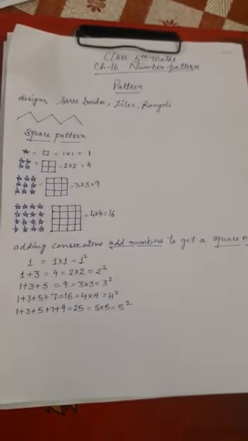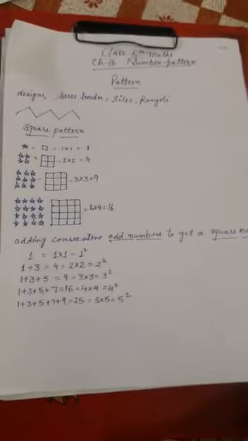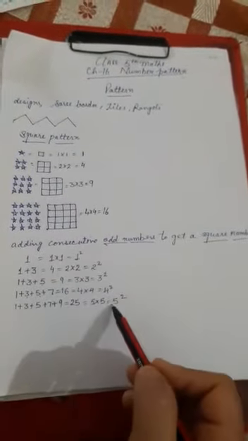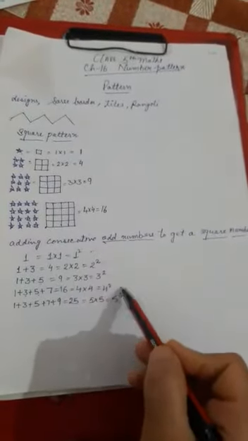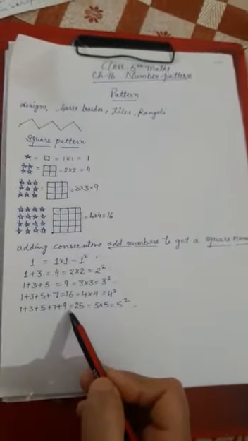Now what do we understand? This shows a relationship between the square numbers and the odd numbers.